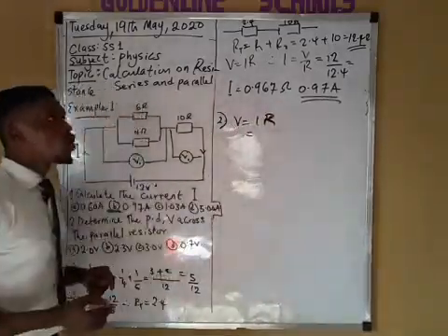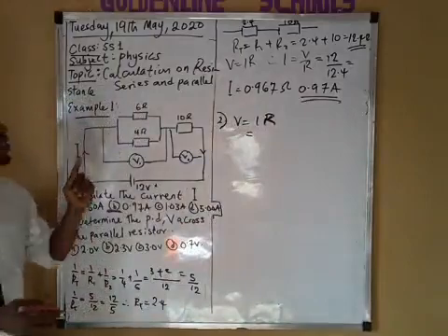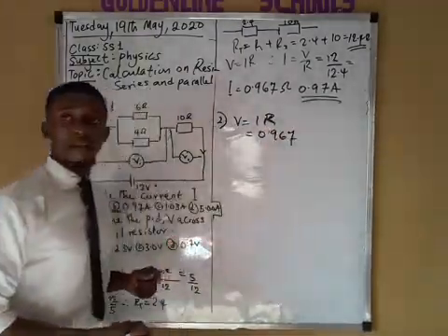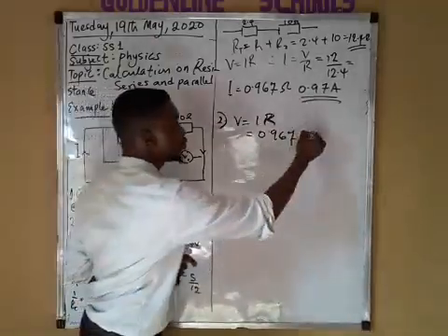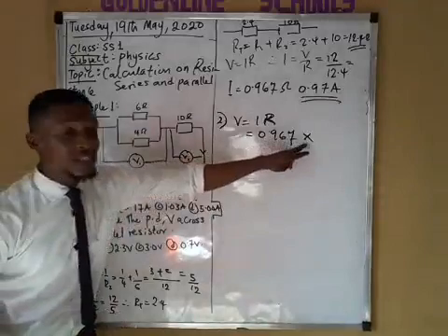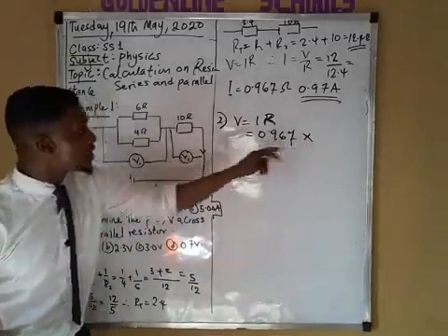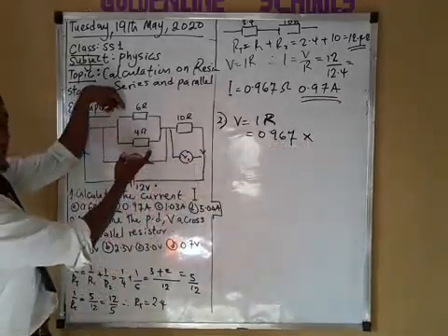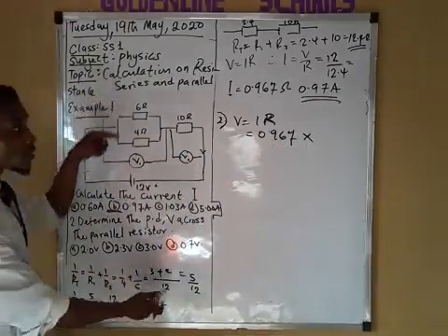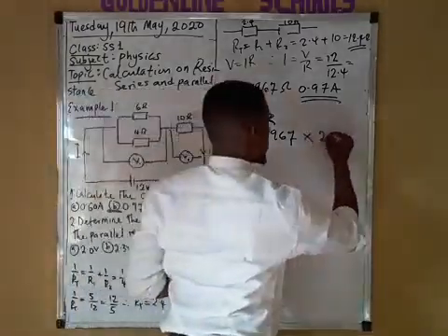Now remember, the current that you got is 0.967 ampere, and the resistance you are going to use at this point is the resistance you got from the parallel combination, which is equal to 2.4. This becomes 0.967 times 2.4.